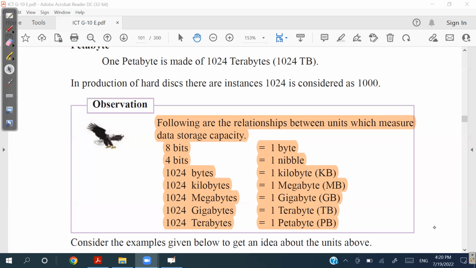Yeah, so it says petabyte, exabyte, zettabyte, yottabyte, and brontobyte. They haven't gone beyond that. Some funny names are there.